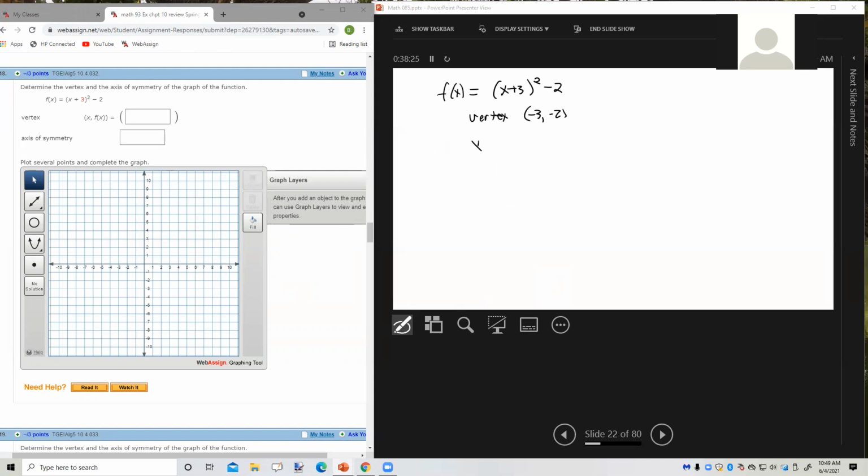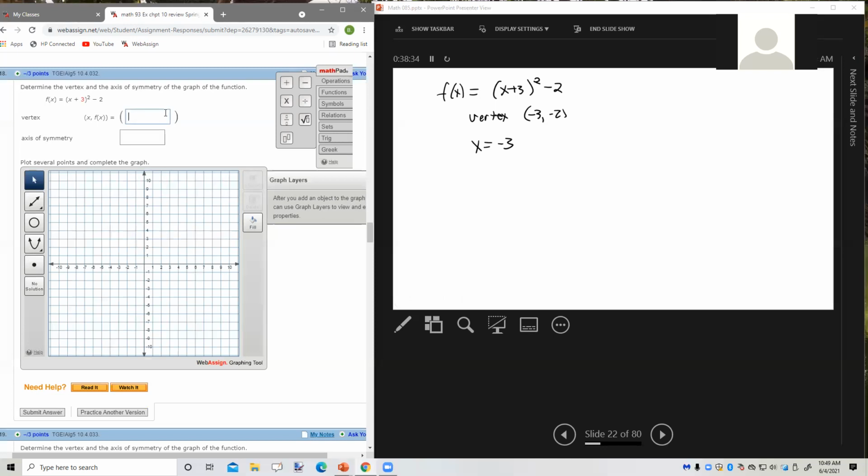The axis of symmetry is x equals -3. So let's put that in. Okay, the vertex is at -3, comma, space, -2. The axis of symmetry is at x equals -3.